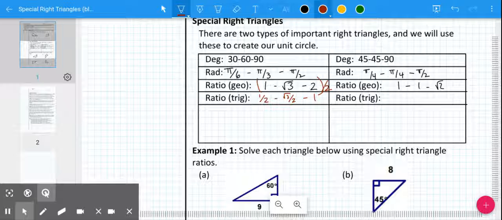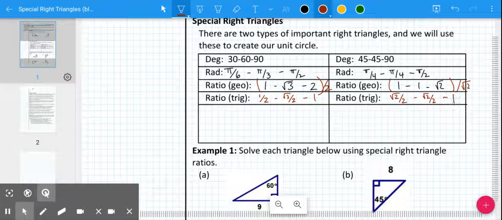We'll talk more about this in a future class. If I do that same thing for the 45, 45, 90 triangle, dividing the entire ratio by root 2, I get 1 over root 2, but I'm going to rationalize that so it looks like root 2 over 2. Root 2 over 2, and then of course my hypotenuse is 1.